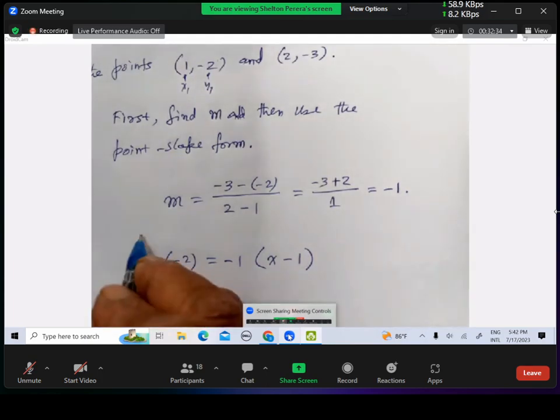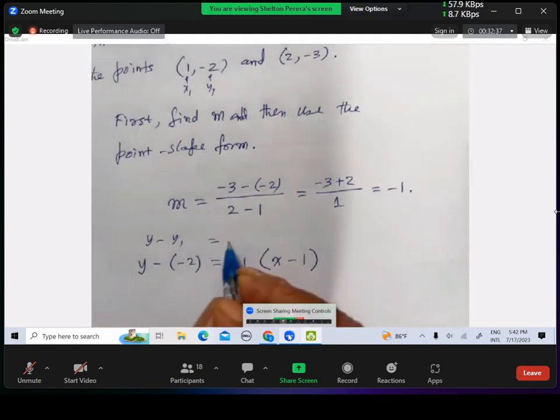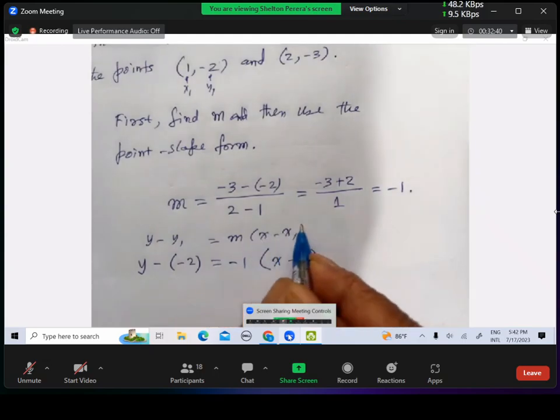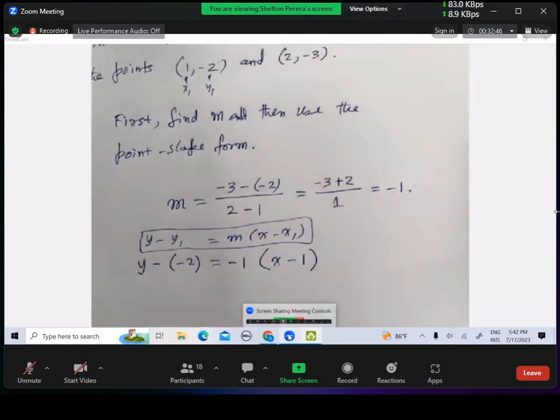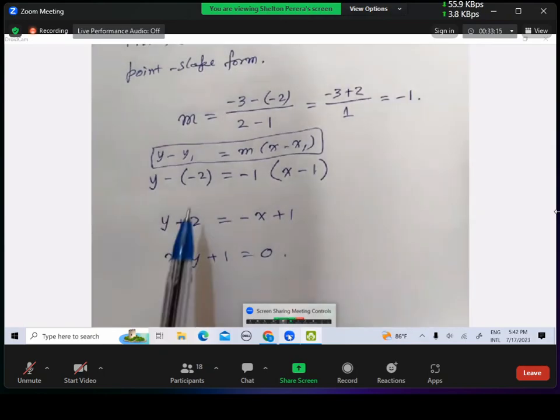So this is nothing but y minus y1 equals m(x minus x1), the point slope form. After finding the slope, you can go there. This can be simplified. y plus 2 equals minus x, minus times minus plus 1. Take x to this side: x plus y plus 2 minus 1 plus 1. I did it mentally.